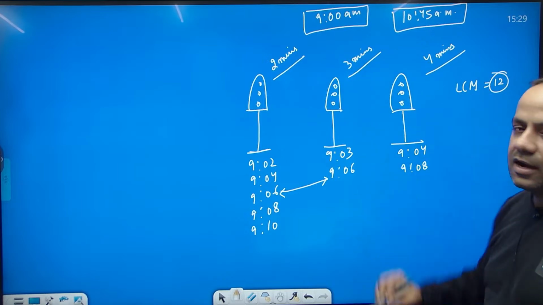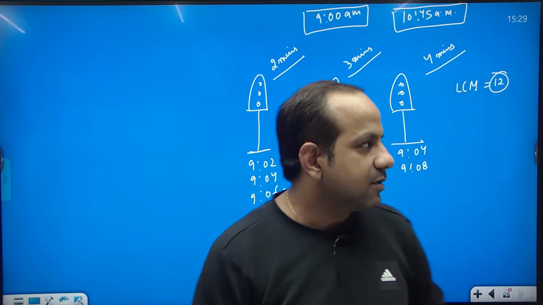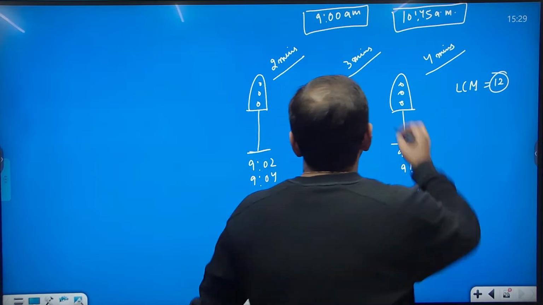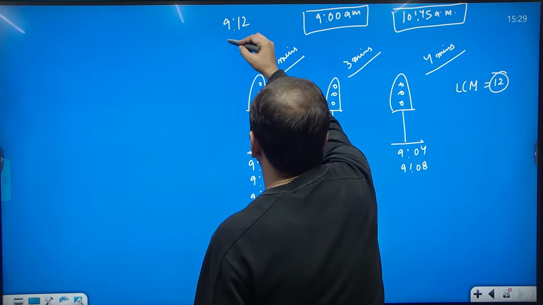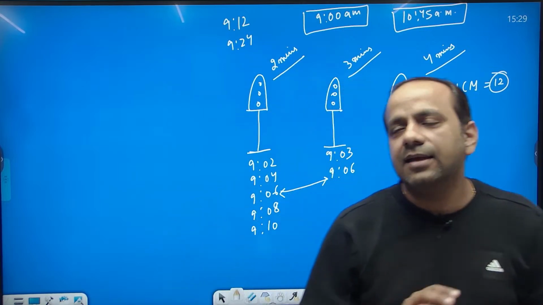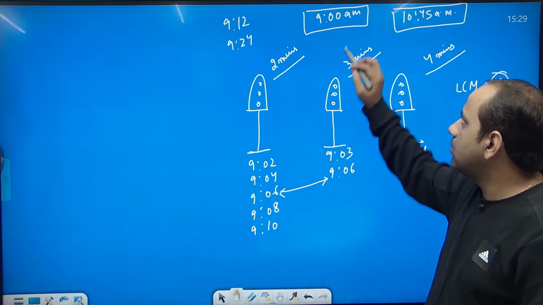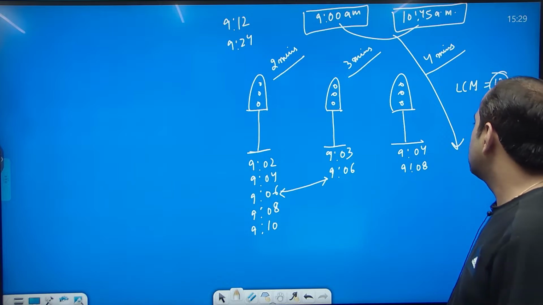So we can say after 12 minutes they will be green altogether. So they will be green at 9, and after that at 9:12, 9:24, and so on. But the question is how many times they will be green altogether. So from 9 to 10:45 how many minutes are there? 105.